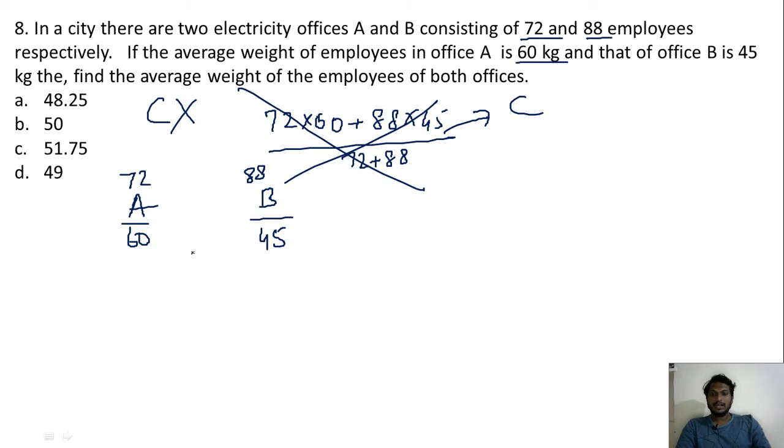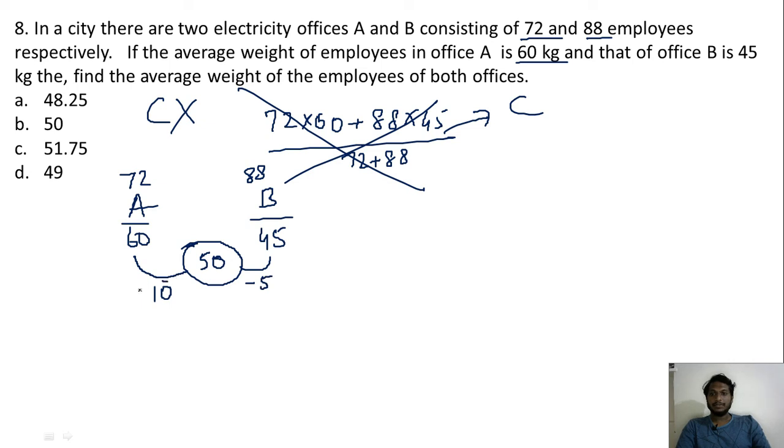Now consider some average, just any value which is in between 60 and 45. Let us take 50. Now see, the deviation here is 10 and here the deviation is minus 5.